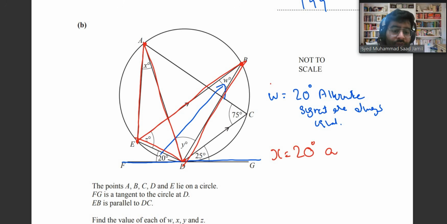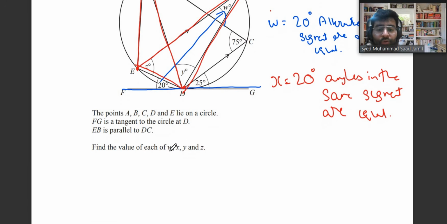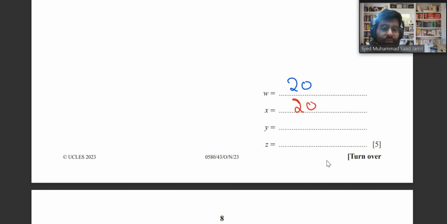Why? Because angles in the same segment, my handwriting is awful, I know, are equal. Alright, this is the reason why I told you to always find it in order, otherwise you won't be able to find the answer. So 20 degrees.